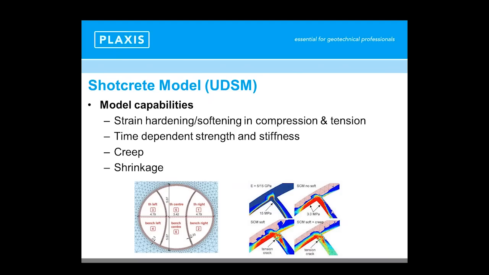For the particular case of modeling Shotcrete, we also offer in the model time-dependent strength and stiffness, which could be entered as a function of time. And finally, the model will also take into consideration inelastic strain due to shrinkage and creep mechanism. So this is a brief summary of the Shotcrete model.